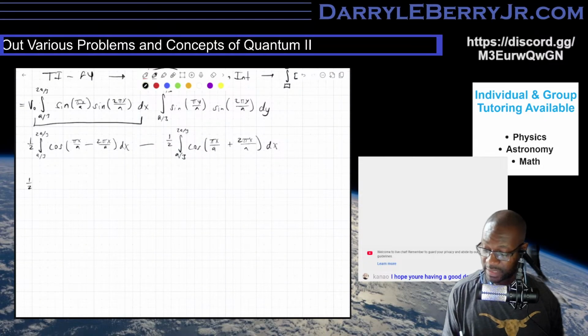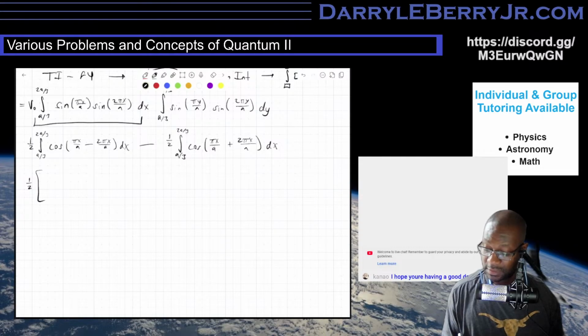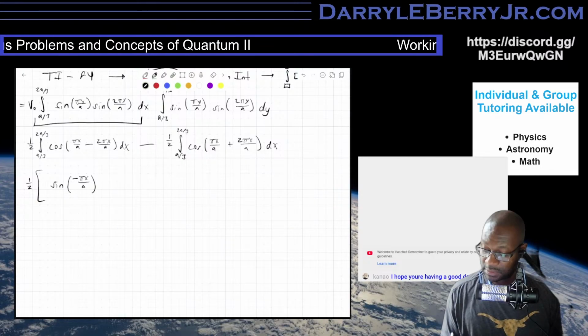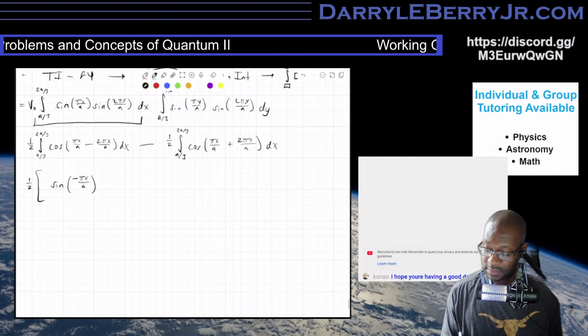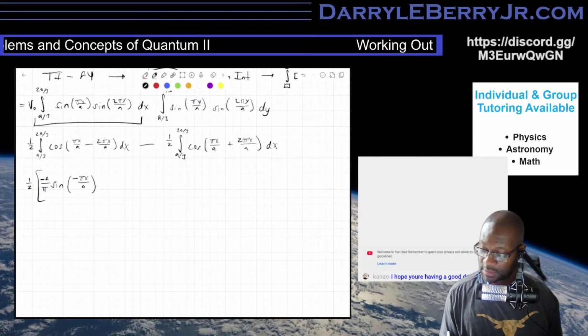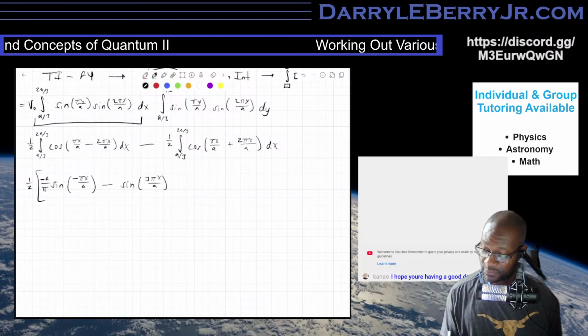So we'll have 1/2 over the whole thing. That'll be sine of negative pi x over a, and dividing by the derivative, that's negative a over pi, minus sine 3 pi x over a.